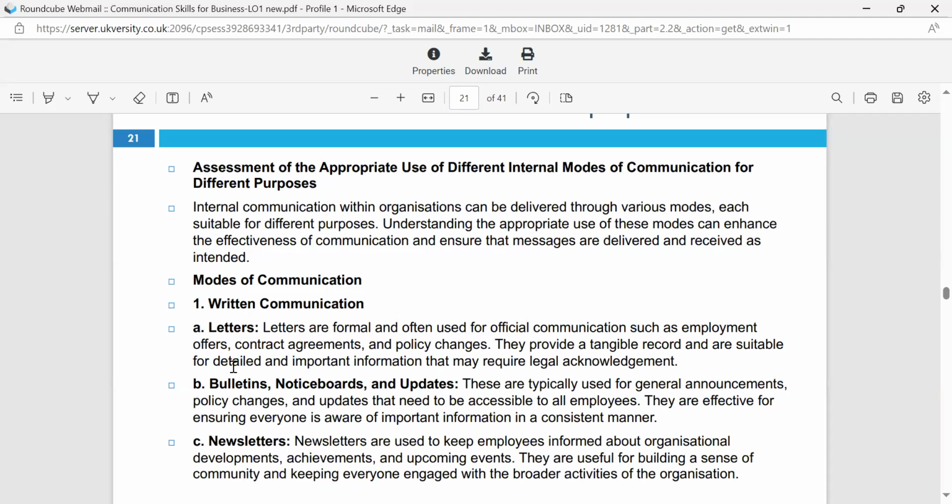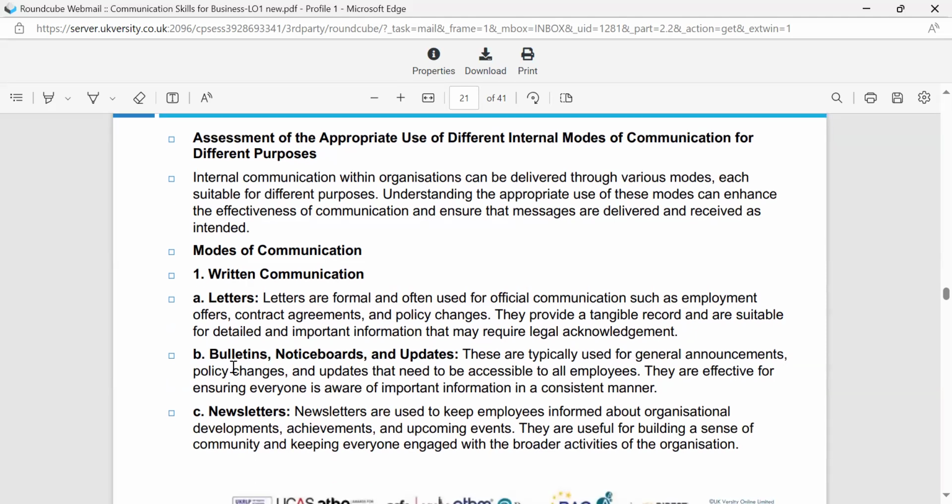And written communication is the exchange of information, ideas, or messages through written language. And it could be, as we mentioned, letters, which are formal, often used for official communications, such as employment contracts, policy changes.